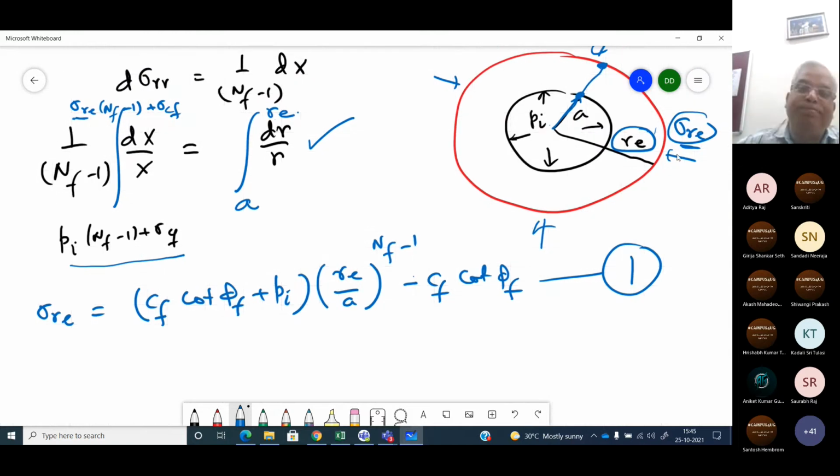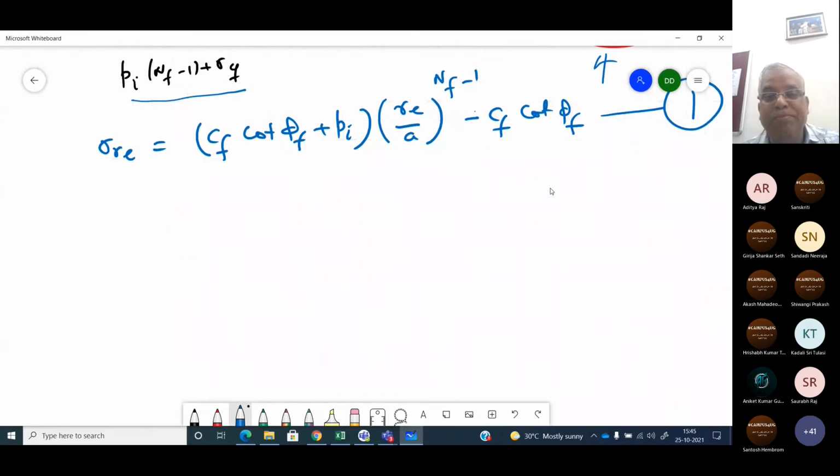Now I come to calculate this sigma RE, whether I can find something out of it. First I go from the elastic side. Now let me draw it again. Now I'm drawing the red one.